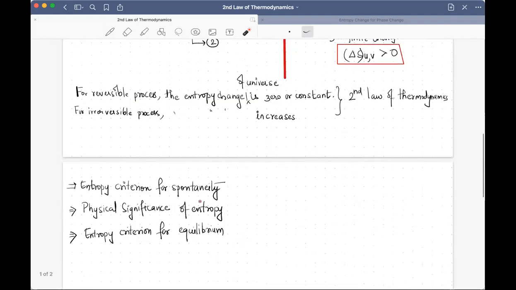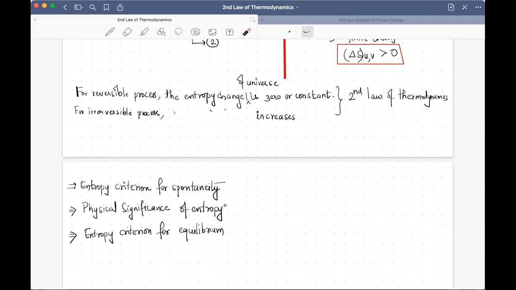Now, what is the physical significance of entropy? Physical significance means the actual implication of entropy. When we are talking about natural processes, the physical significance of entropy is that the entropy should always be increasing.